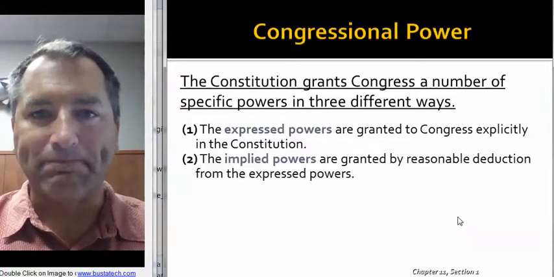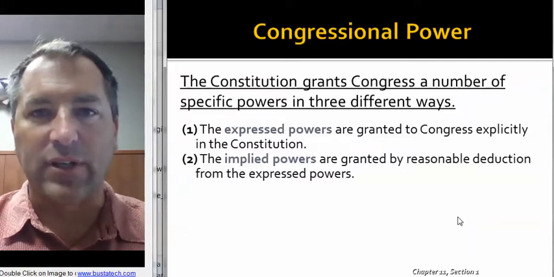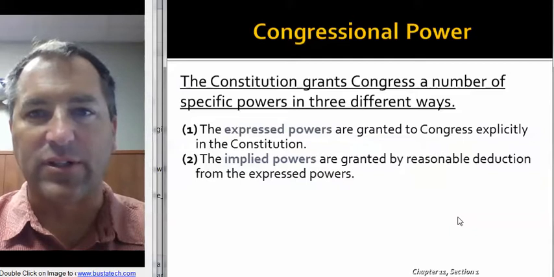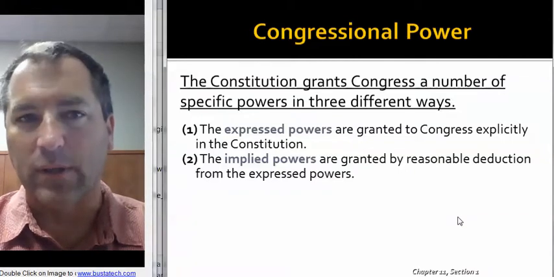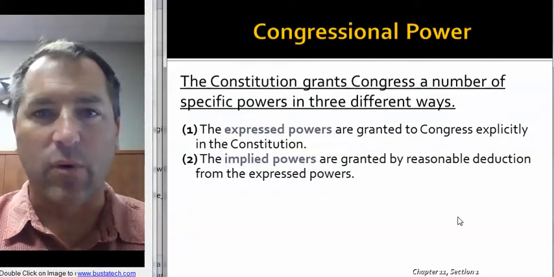So now the question that you might have is how do you decide if it's implied in there or not? Well, that is up to the Supreme Court. So please bear in mind that if you or anybody has doubt whether Congress is overstepping its power, the recourse that you have is to take them to court.